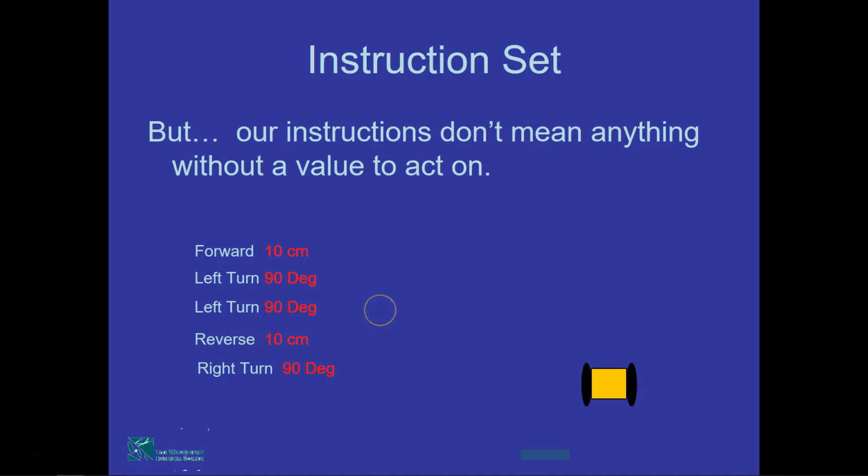If you have an instruction set like this, then the robot will know exactly the position where it has to go. These values are very important when you write the program. This is just an example, but it signifies how critical these values are to your program.